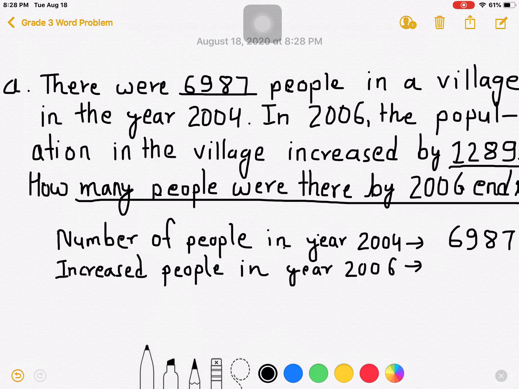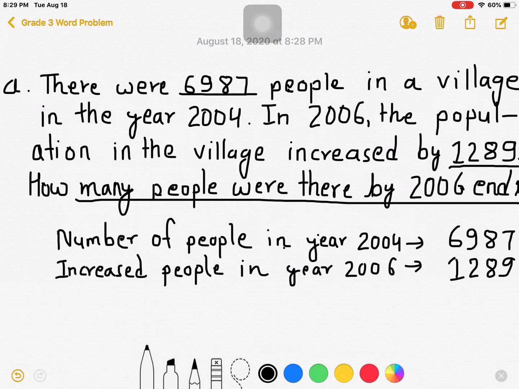What is the number? 1,289. This is the number of people which increased in the year. Here I am trying to make a short sentence. In place of this, you can write the number of people increased in 2006. I am making a short sentence, that is why you have to understand. Okay, increased people in year 2006 is 1,289.